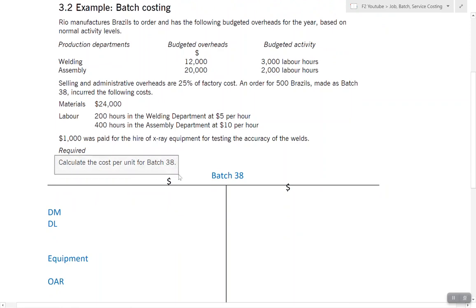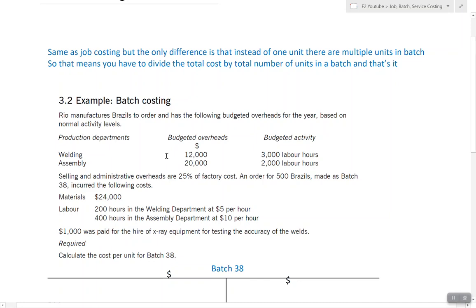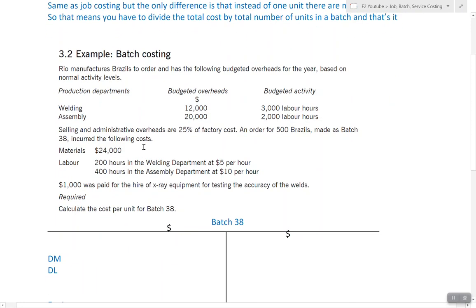We have a question here. Calculate the cost per unit of batch 38. Rio manufactures Brazils to order and has the following budgeted overheads for the year based on normal activity levels. Production departments, we have welding and assembly, budgeted overheads 12,000, 20,000, budgeted activity 3,000 and 2,000.